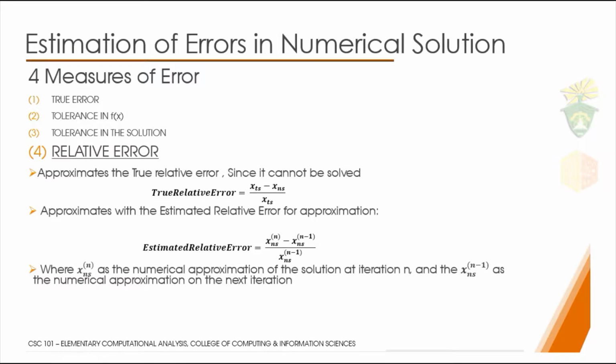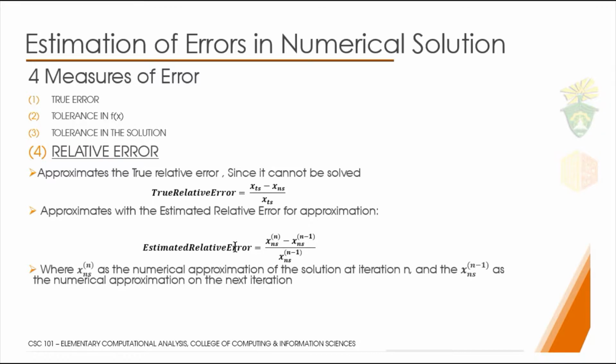Okay, here we let x sub n of ns be the numerical approximation of the solution at iteration n, and x sub n minus 1 of ns be the numerical approximation on the previous iteration. So basically, relative error uses progress as our iteration continues.